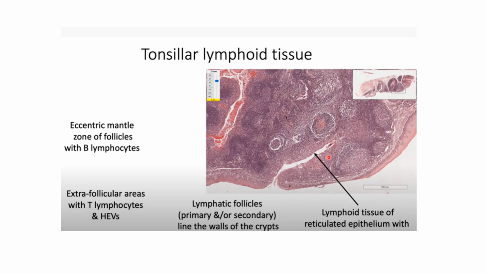This is the crypt, and lining this crypt, the lymphoid tissue present in the reticulated epithelium has three different types of cells: T and B lymphocytes and antigen presenting cells, which produce IgA and IgG antibodies. So these line the crypt with the reticulated epithelium.